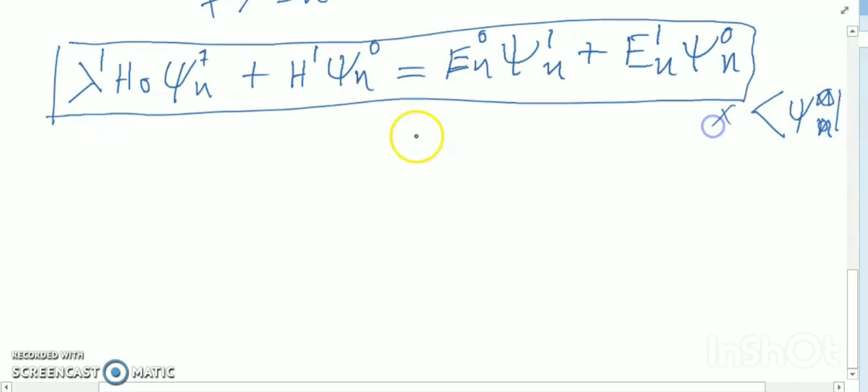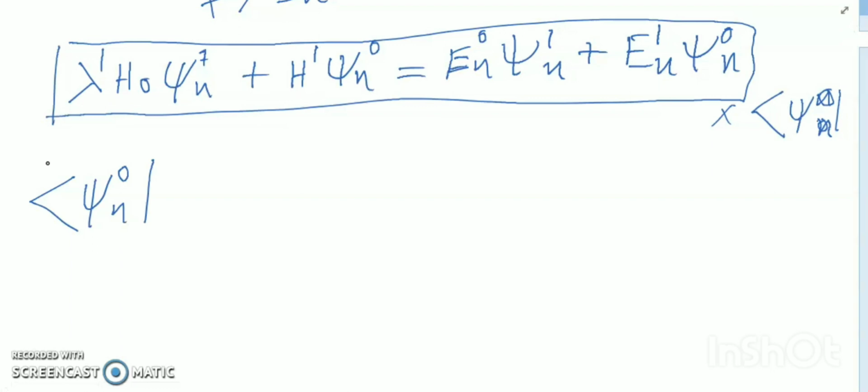If I multiply these equations by the bra psi n0, lambda 1 is cancelled because it is the first order. Okay, no problem.